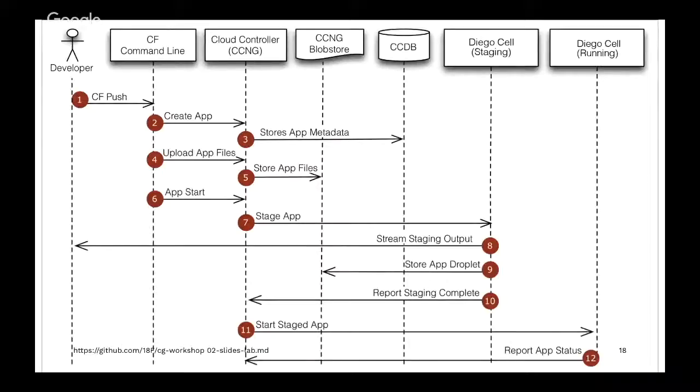And then the command line says, start the app, to the cloud controller. The cloud controller first finds available VMs in what's called a staging cell. The staging cell will bundle the whole application. When it's done, then the cloud controller will say, start the app, to one of the production virtual machines, which will get the app from the binary store, then start running it and report the status.